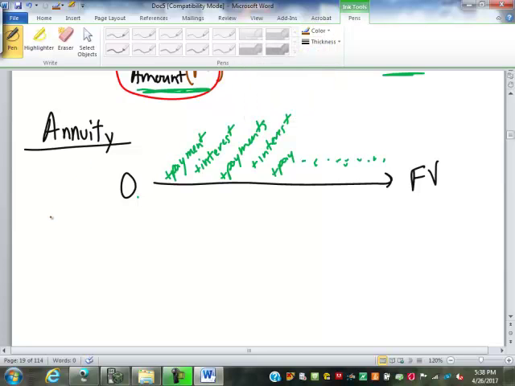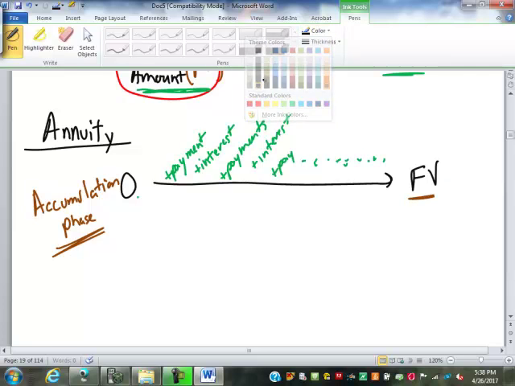That's what we call the investment, or the, I just blacked out, accumulation phase. You're starting out at $0, and you're paying in regularly, making payments into it to build it up to a future value.